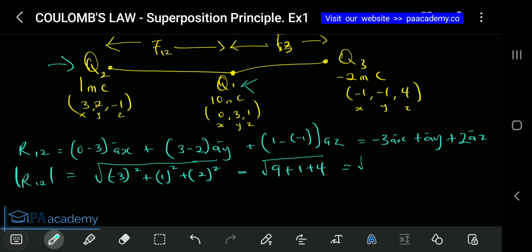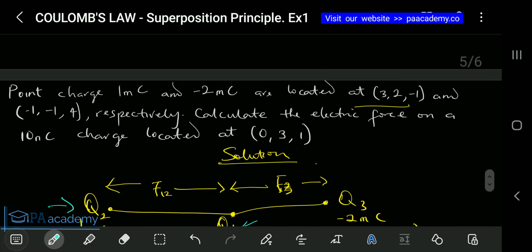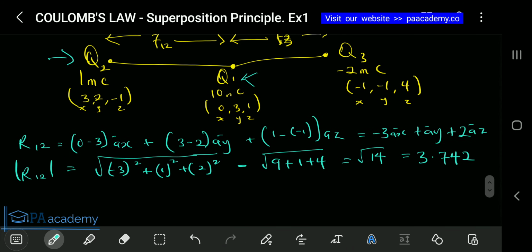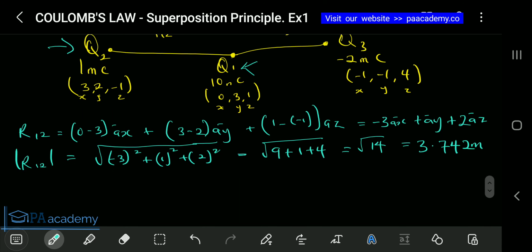So you're having square root of 14, and then let's just put that there in case we need it. Square root of 14 is 3.742. Okay, all right, so let's see what's the units. The question did not give us a unit, but let's just take it to be meters. All right, so that is for R12.